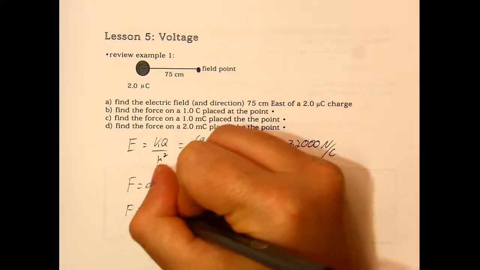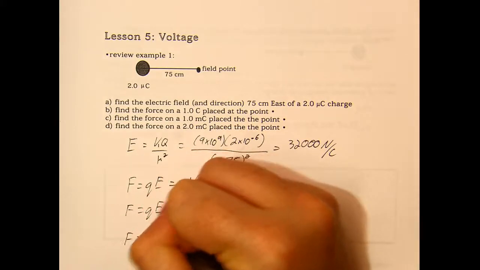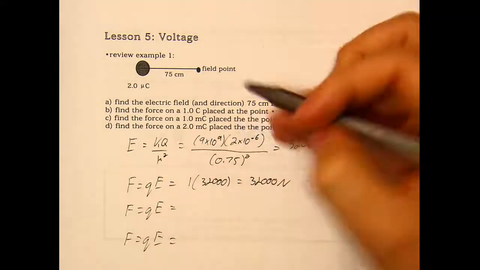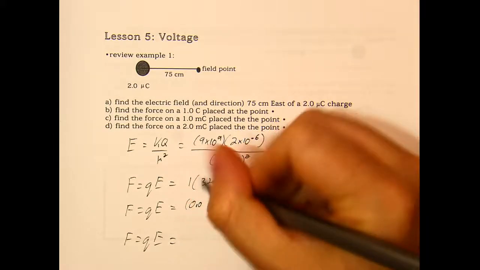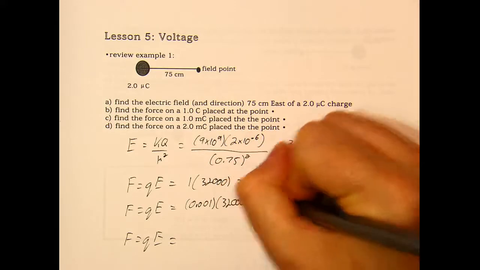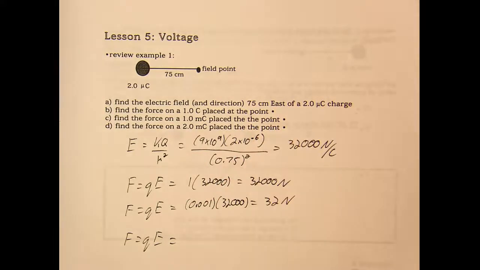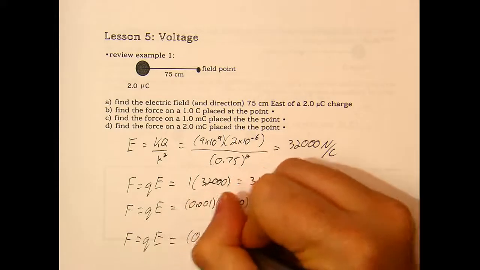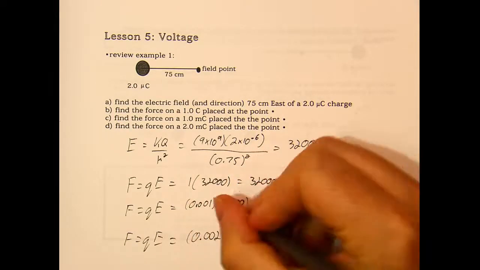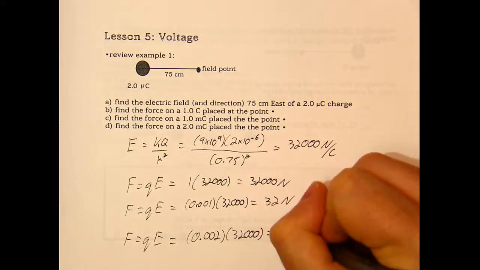Similarly, we can just use F equals QE for the other two as well. 1 millicoulomb is 0.001 times 32,000, which equals 32 newtons. And 0.002 times 32,000 is 64 newtons.